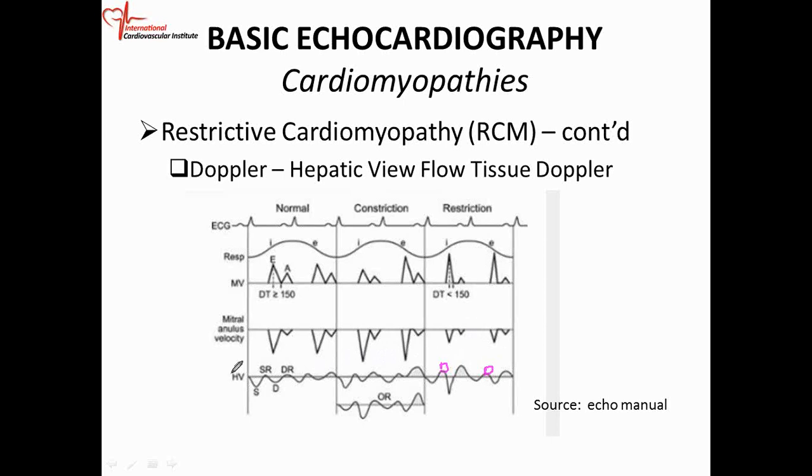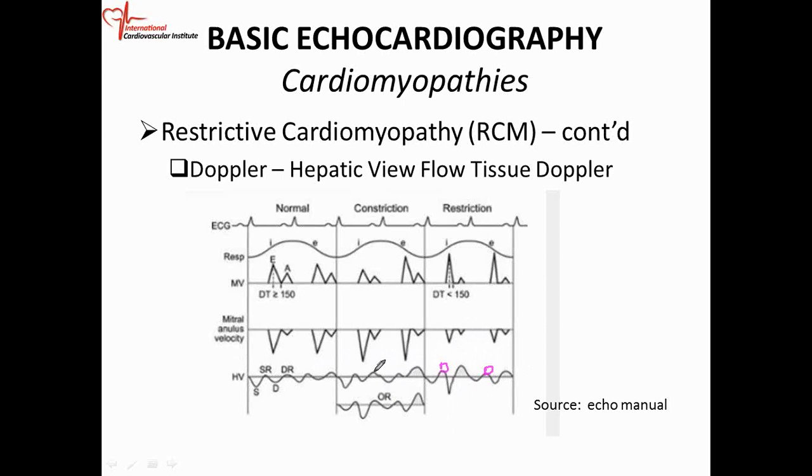When you look at your hepatic vein flow, it is the opposite of what you get in restrictive cardiomyopathy. This is your systolic component. The diastolic component is reverse. This is your systolic component, diastolic component, systolic. This is your diastolic. The diastolic component is increased in expiration. So you get diastolic flow reversal increase in expiration, whereas in restrictive cardiomyopathy, it occurs in inspiration.